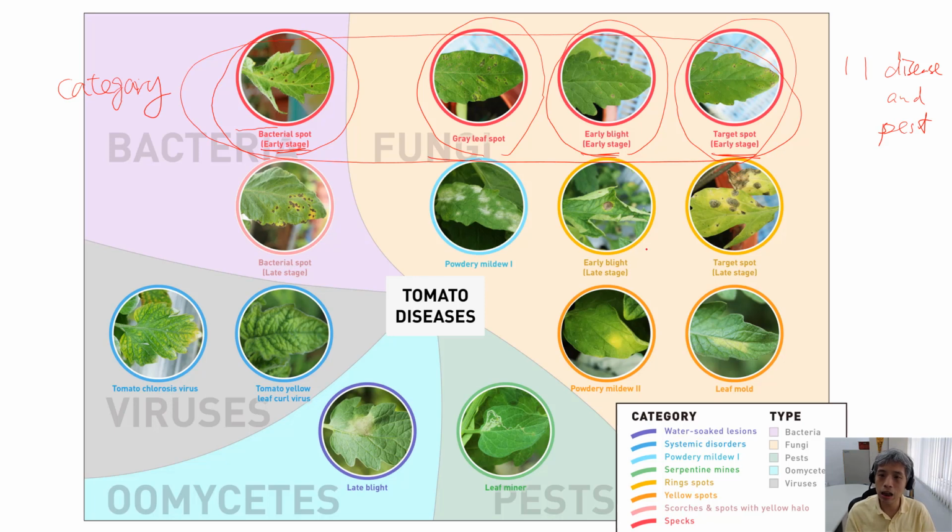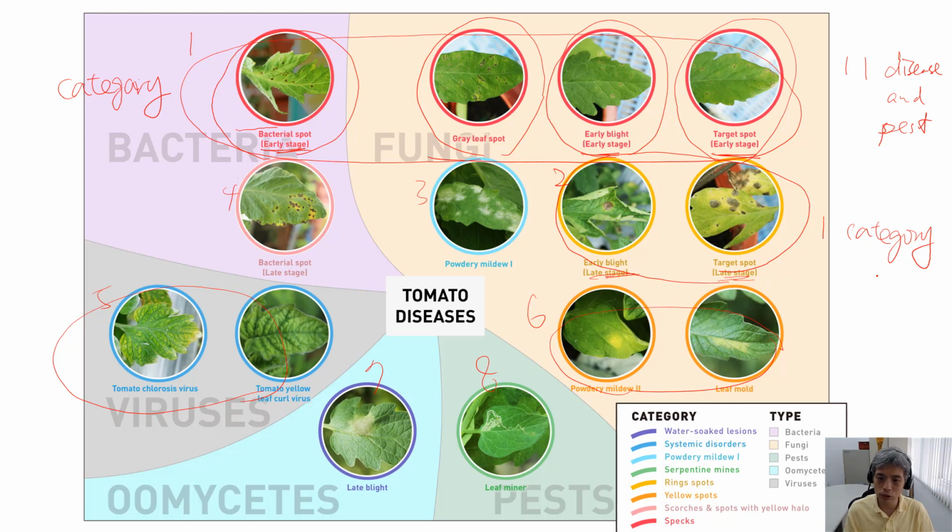The same thing happens with early blight in the late stage and target spot in the late stage. They are another category. Totally, we have 8 categories. We group the diseases together, and we want to identify the group only. So here are the 8 categories.